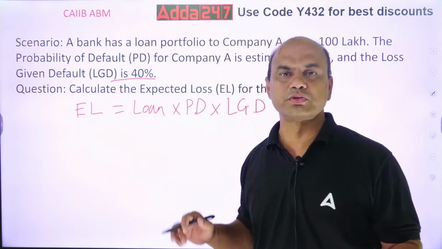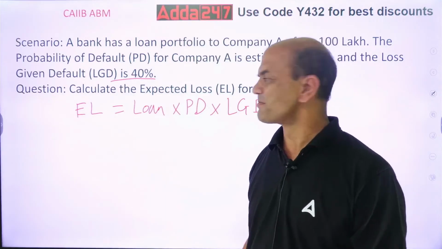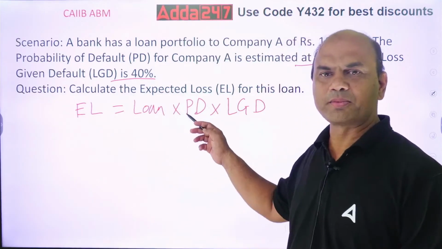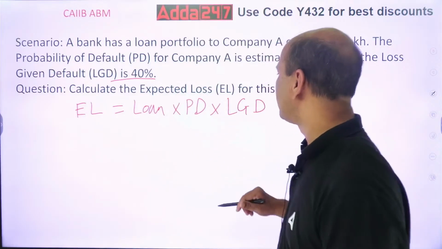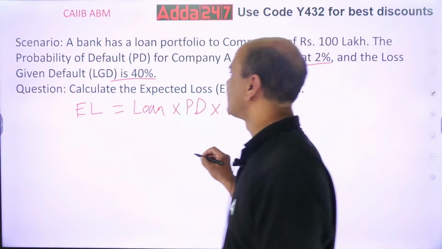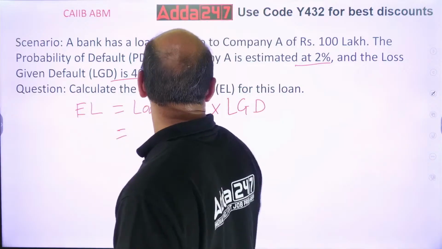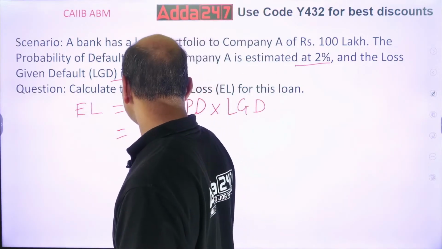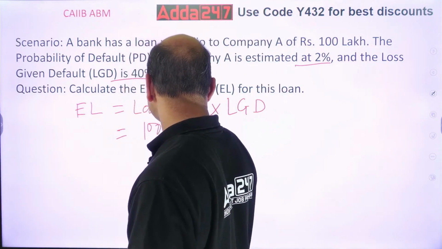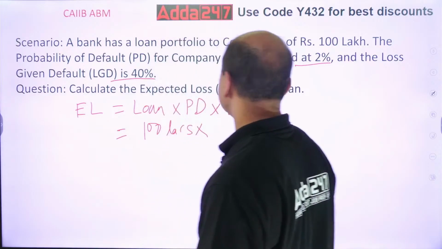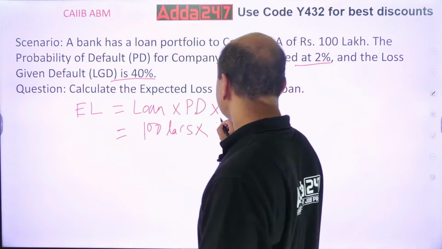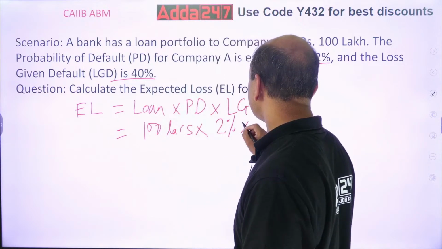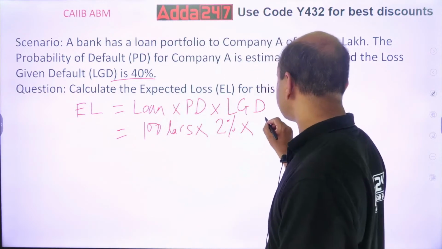So simple. Loan multiplied by probability of default multiplied by LGD. What is the loan now? The loan is 100 lakhs, into probability of default, which is 2%, into 40%.